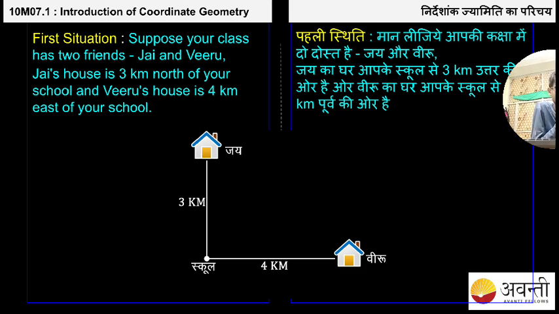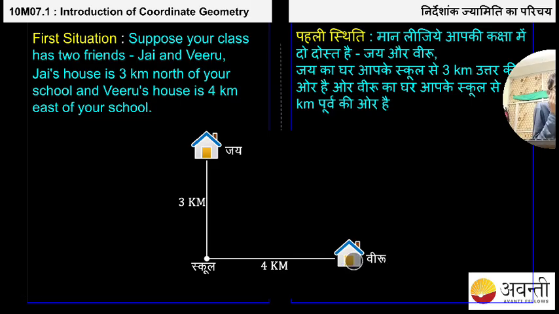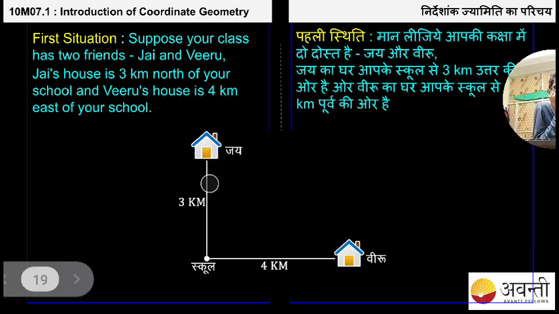For example, this is the address of somebody and this is the address of somebody else. From here, the total distance is how much? 7 centimeters. But this will come out and then go to this side.